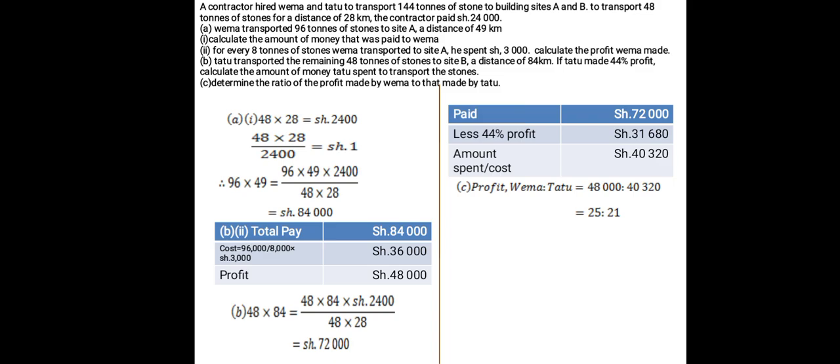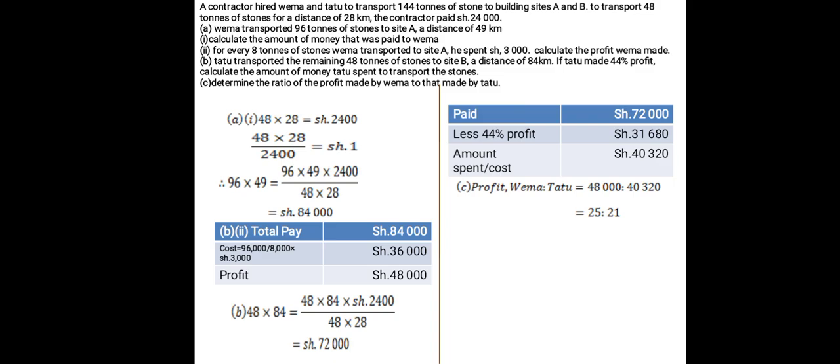That is the same as multiplying by the reciprocal of 48 multiplied by 28 over 2,400. Therefore, we have 96 multiplied by 49 multiplied by 2,400 divided by 48 times 28. We get that Wema was paid 84,000 shillings.